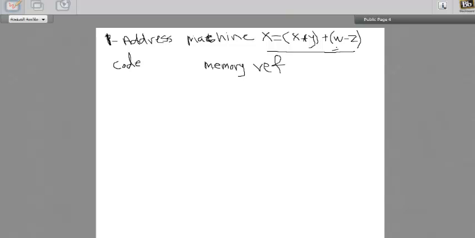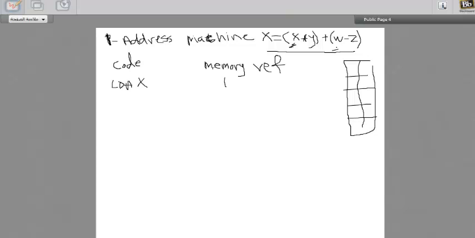We need to load the value of x, because it is stored in the memory in our program. Now, how many times do we need to access the memory to do this? Obviously once, because we need to fetch the value of x, so we need to have 1.